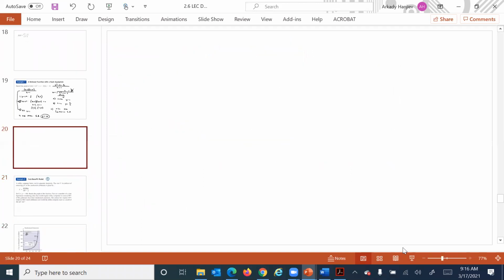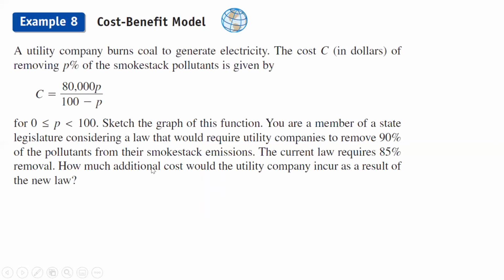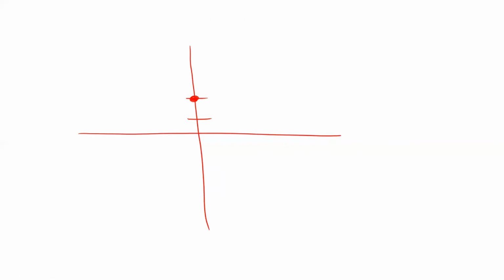Okay. Let me graph this guy. I'm going to have to go back and forth between this here. 2, 0. There's my 2, 0. 2, 0, negative 1. Okay, everybody good there as far as dots are concerned?